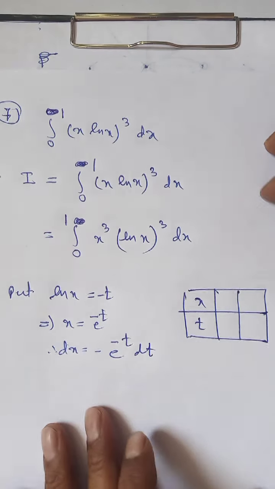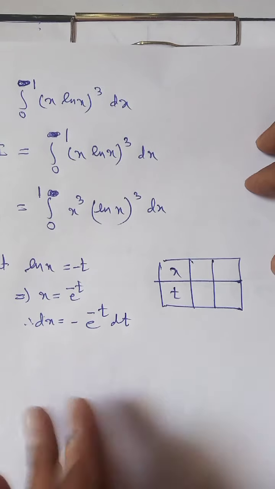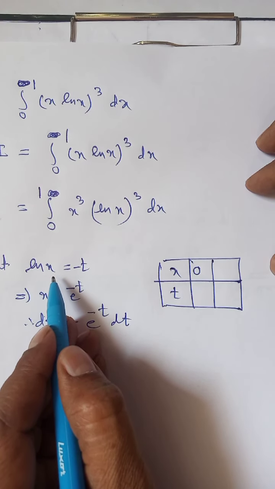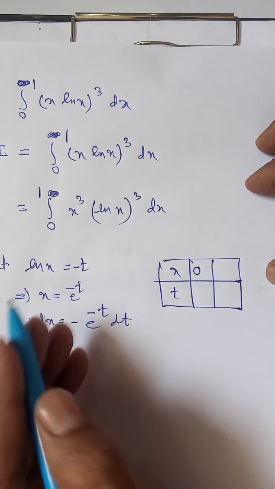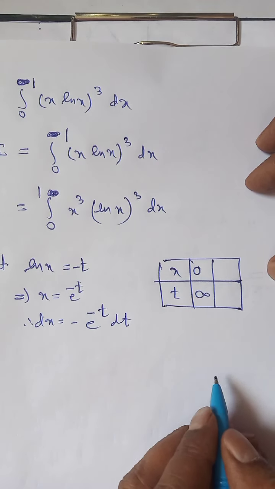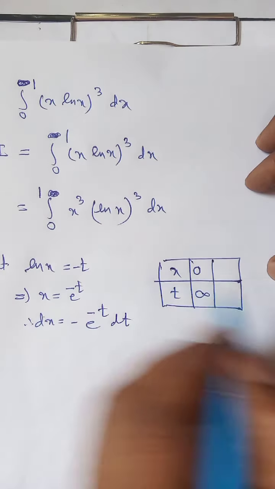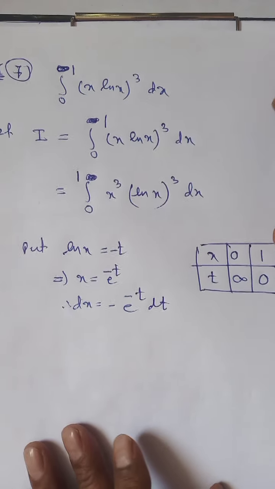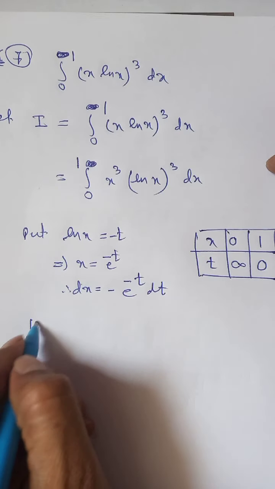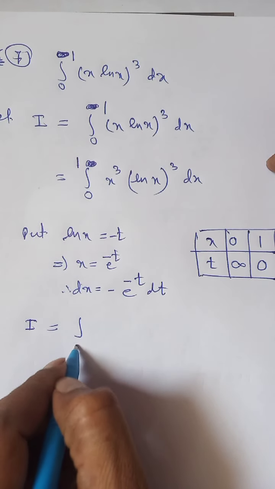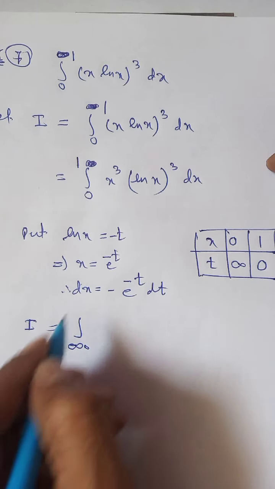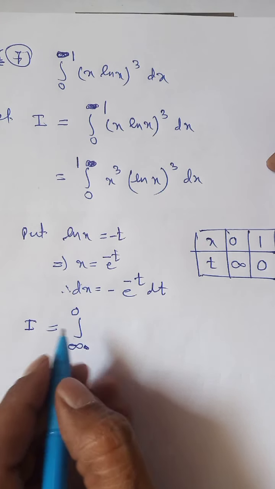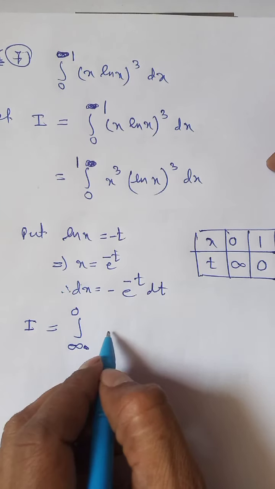Integral from 0 to 1. So when x is 0, see, log 0 is defined to be minus infinity. So minus infinity is equal to minus t, means t is infinity. And when x is 1, log 1 is 0. Okay. So I is, so the new limits are from infinity to 0, x cube, but x is e to the power minus 3t.